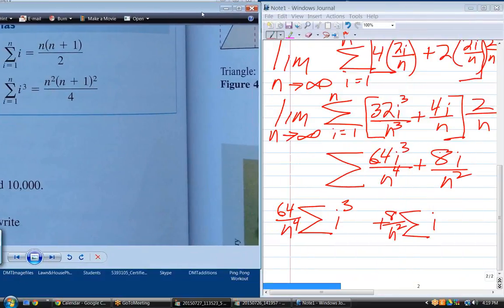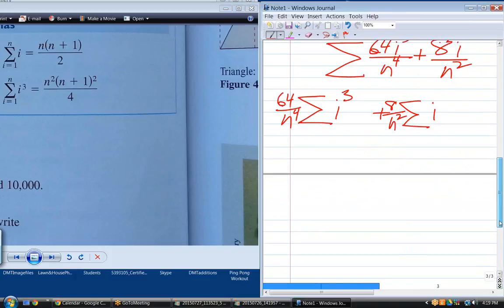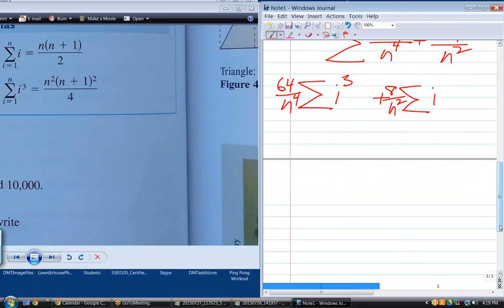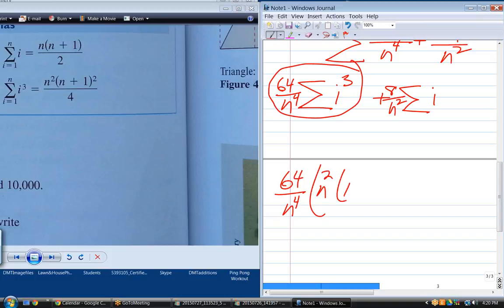So for i cubed, in other words, now I'm going to get rid of the sigma also. This becomes 64 over n to the fourth times n squared times (n plus 1) quantity squared over 4.